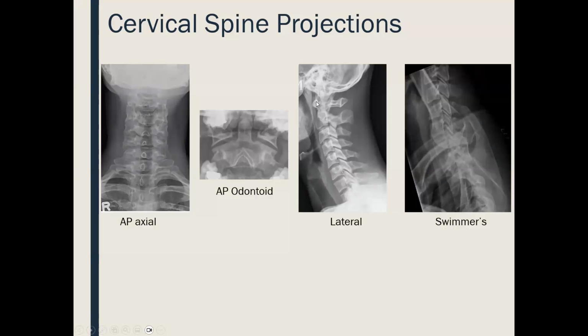A lateral C-spine, 1, 2, 3, 4, 5, 6, 7, yes, and T1. And that is actually a very, very beautiful swimmer's projection. Let's see, where are we? Know these for the registry, and know them by sight when you see them, what the name of the projections are that you're looking at, okay?